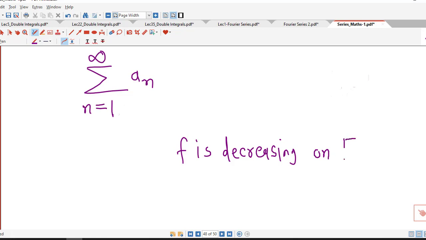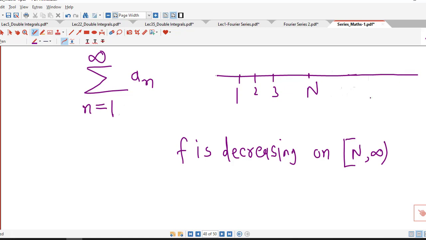Now sometimes what happens is our series is from 1 to infinity, but our function is decreasing only from some natural number, say N, to infinity. So it is like this. Suppose we have 1, 2, 3 up to, say, capital N, and our function is decreasing on the interval beyond this. So this is also allowed: if our function is not decreasing on 1 to infinity, but it is decreasing after some number N, then also we can apply the integral test.